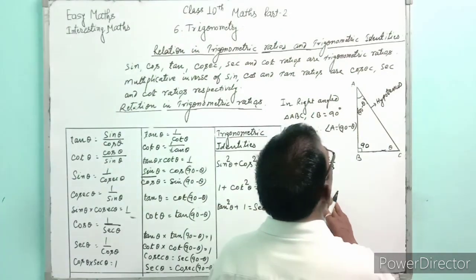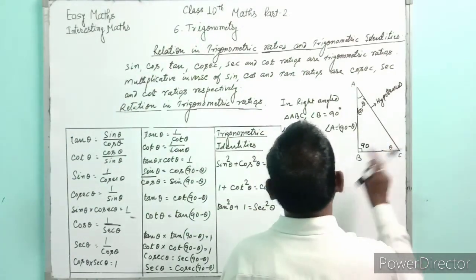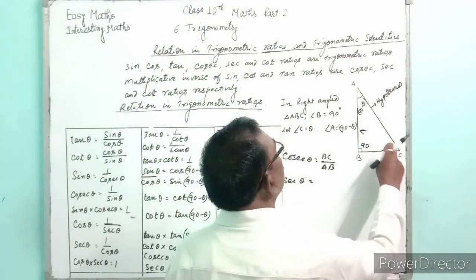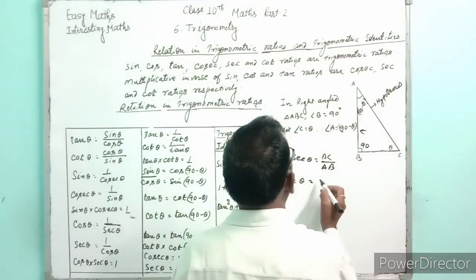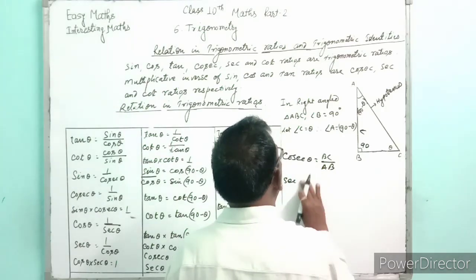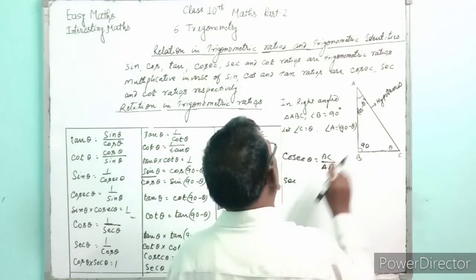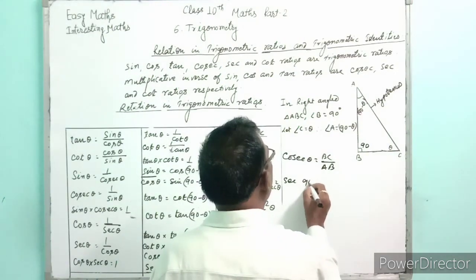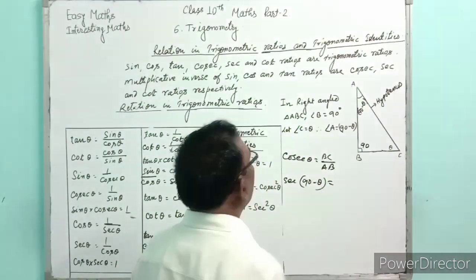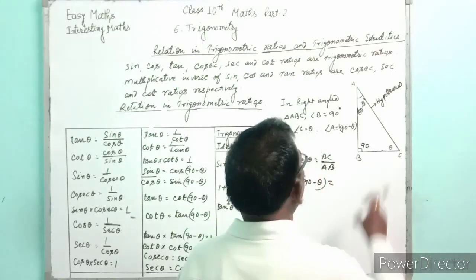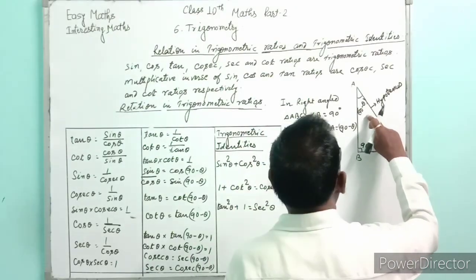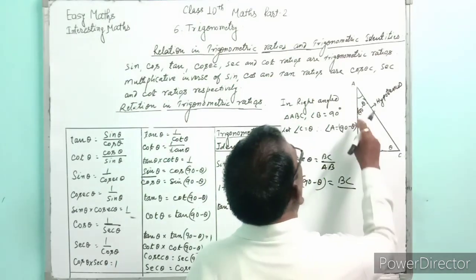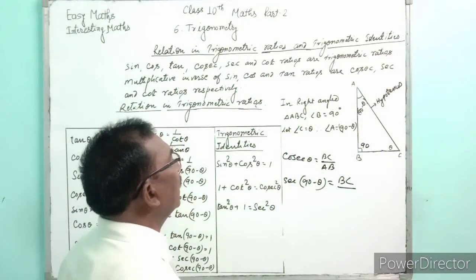Therefore, sec theta is equal to the hypotenuse divided by the side adjacent to angle theta. Sec 90 minus theta is equal to the side opposite to angle 90 minus theta, that is BC, and the adjacent side of angle 90 minus theta is equal to AB.